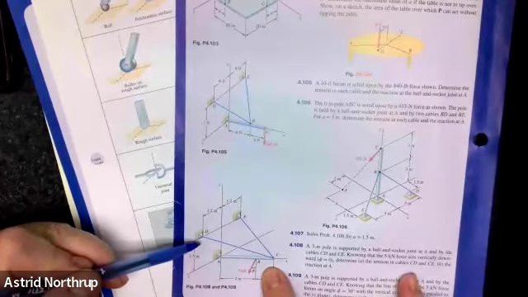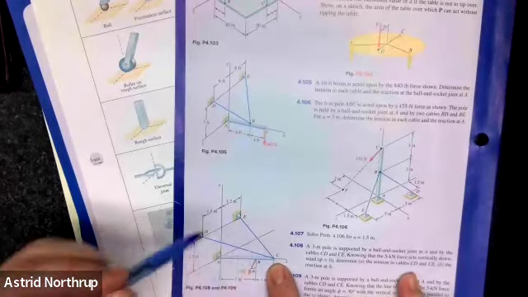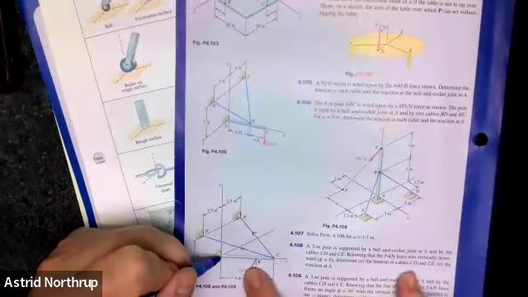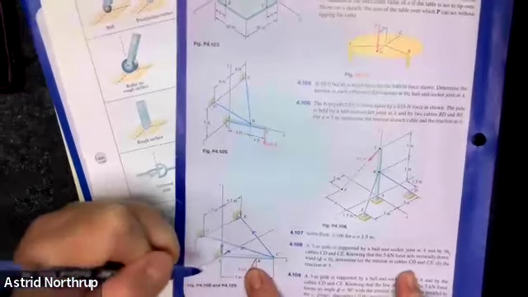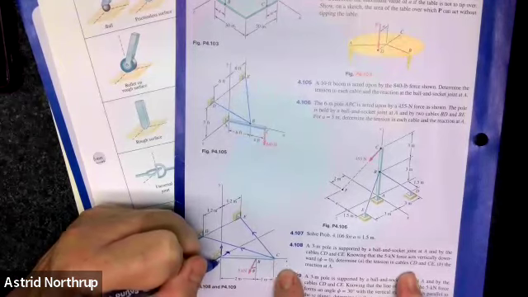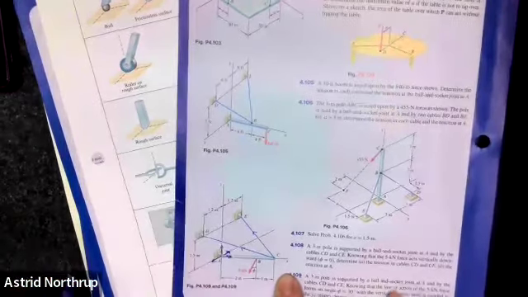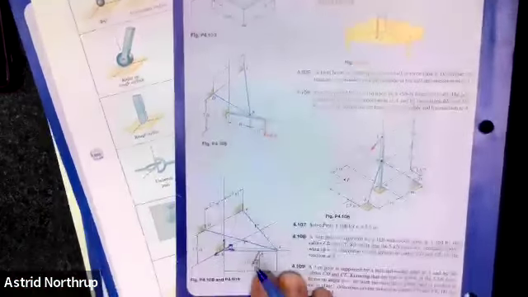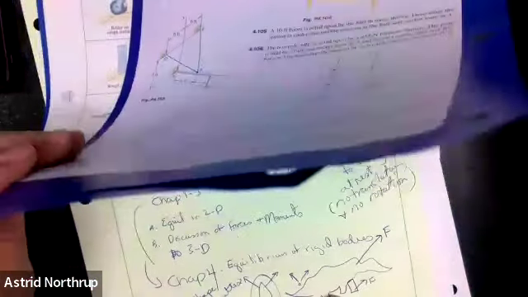If you think about it, the bar is being pulled on by these forces. You can think about the tensions just in those two cables, but here at A, that's a fixed support. So you're going to have a reaction at A in the Y, a reaction at A in the Z, out like that, and a reaction at A in the X. That will take you a while.